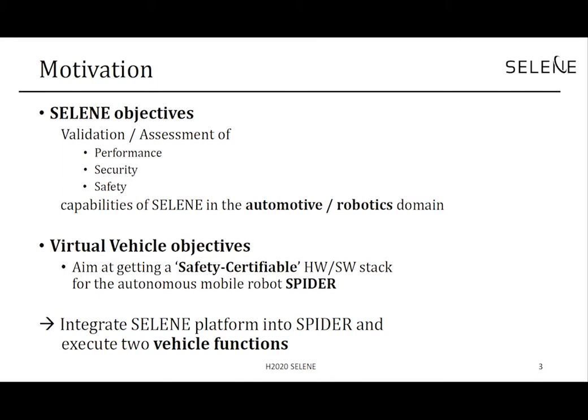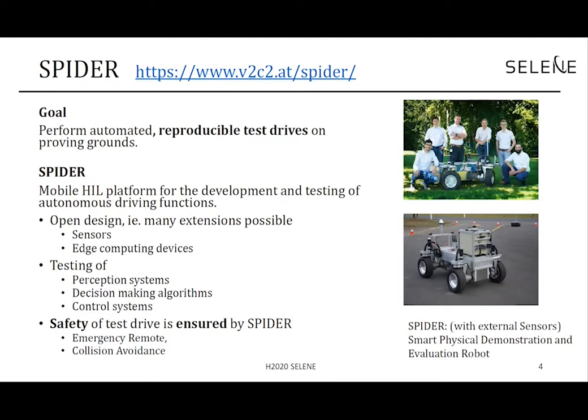So we decided to integrate the SELENE platform in our robot and execute two vehicle functions in a hopefully safe and secure way on this platform. We will go to our goal, a safety certifiable stack, piece by piece, and we start with two functions.